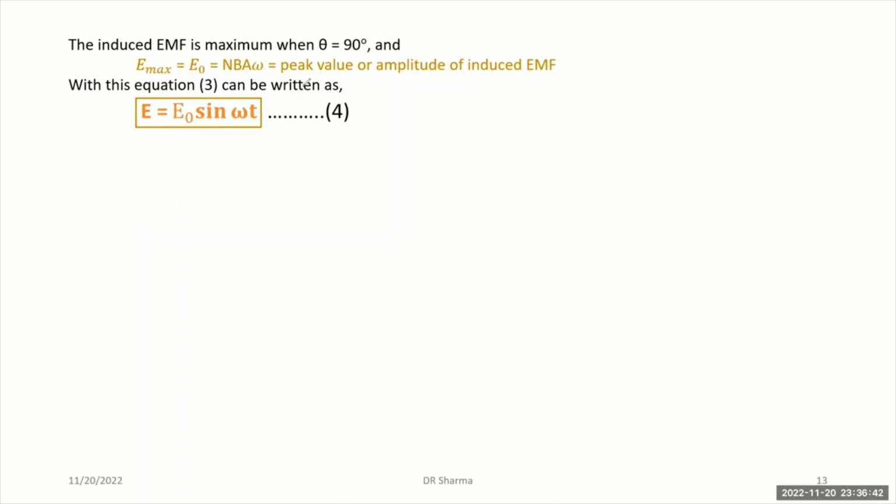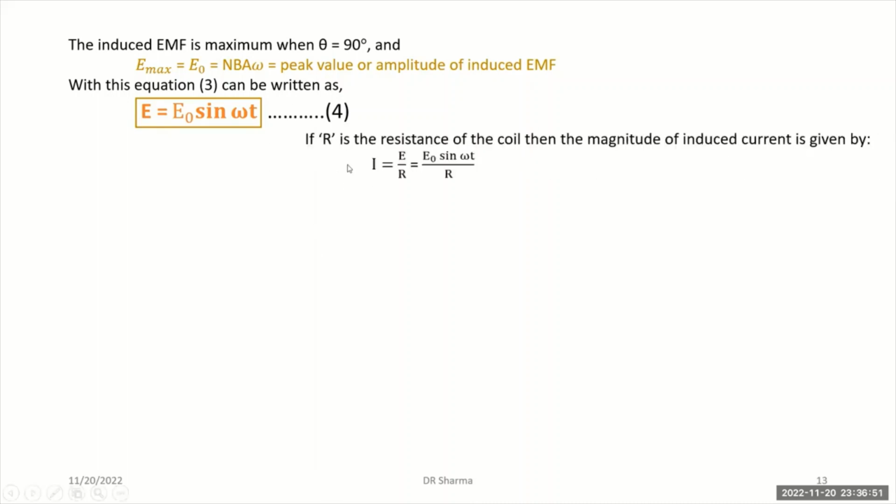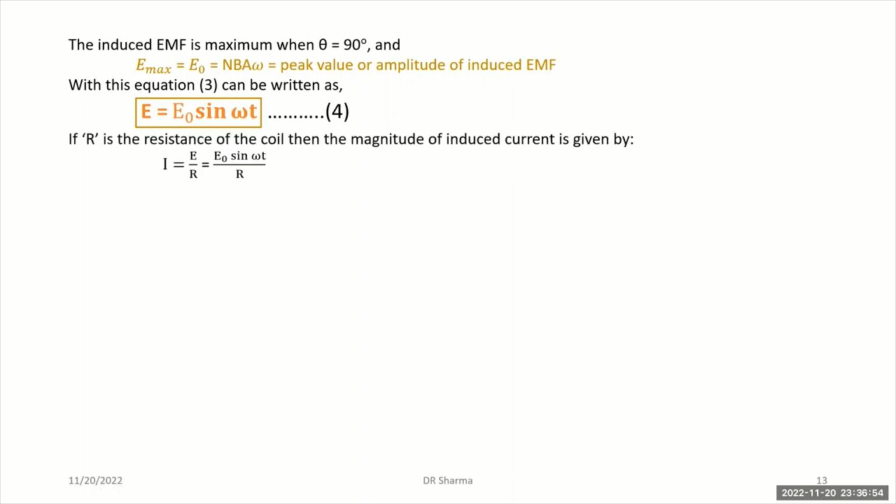If R is the total resistance involved in the circuit, then we can write the expression for induced current as I is equal to E by R, which is E naught sin omega t upon R. It can be written as I is equal to I naught sin omega t.